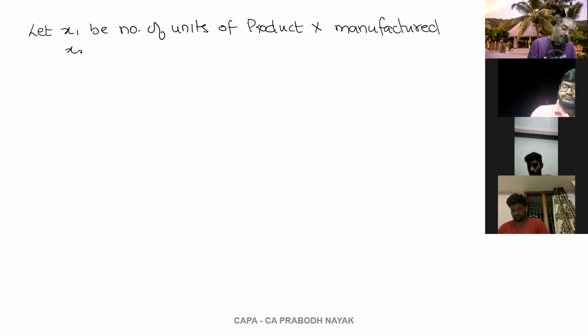Let X2 be the number of units of product Y manufactured.